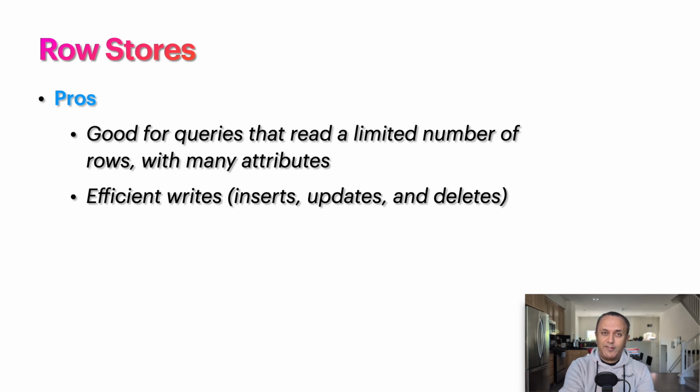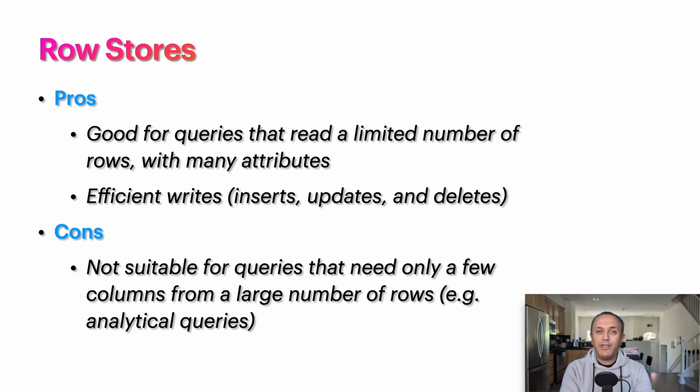They're good for those cases because all the data of any row is stored together. The cases where they're not that good are queries that need only a few columns but tend to scan a lot of the table or the full table, which is the case in analytical or OLAP queries. So for those queries, a row store is probably not the best way to store the data.